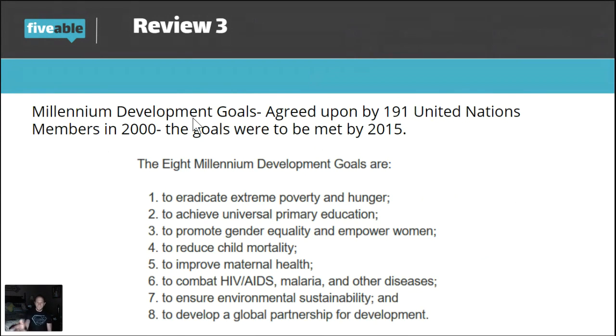So the Millennial Development Goals, also known as the MDGs, were something that the world, honestly, all the United Nations, back then it was 191 countries, got together and met, and they were like, what we want to do more than anything is basically eradicate this first one, eradicate extreme hunger and poverty.